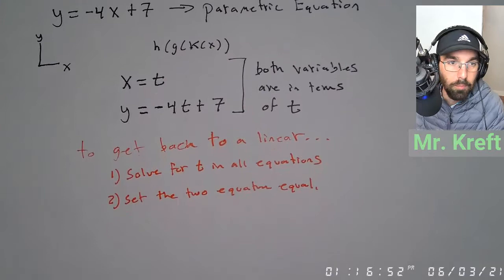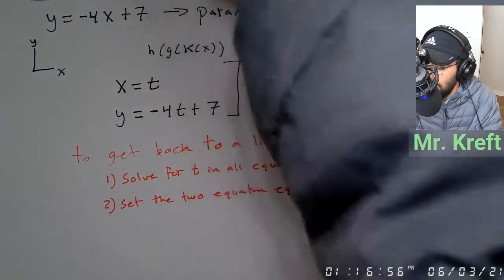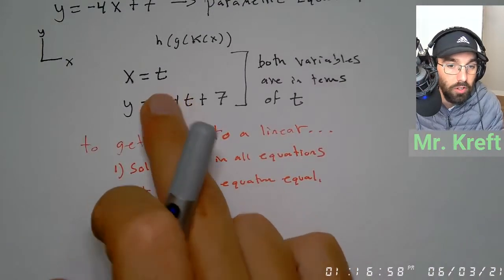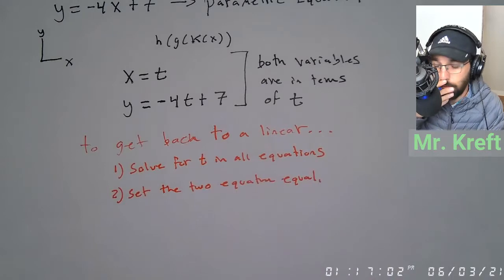Okay, so that's how we're going to get back. And this is what I mean by it. If we take a look at this top one, x is already in terms of t. So I'm going to take this next one and solve for t.